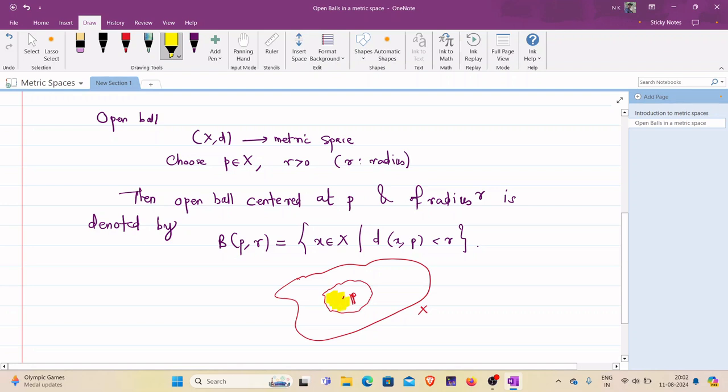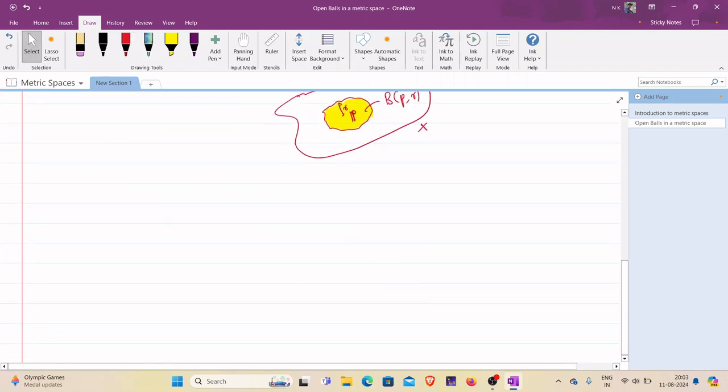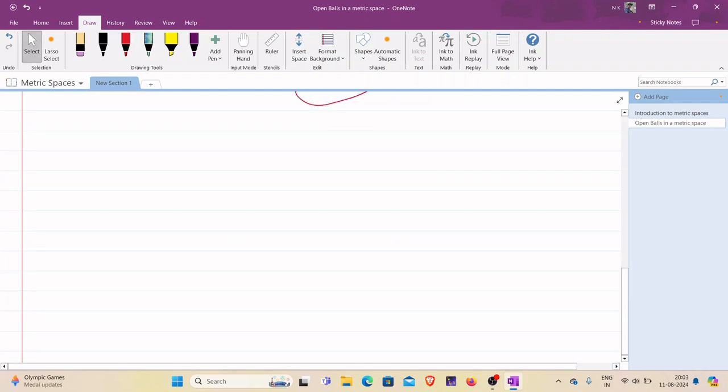This is the collection of all the points in the metric space X which are at a distance less than r from P. So suppose this is distance r, and this will be nothing but an open ball around P of radius r. Now let's try to understand this definition in more detail with some concrete examples.